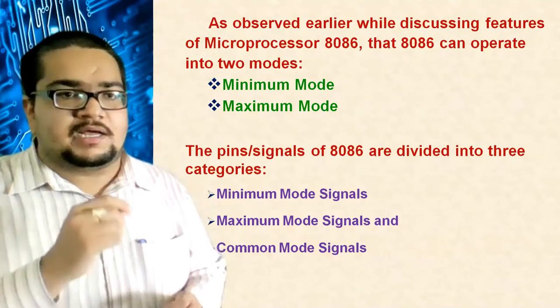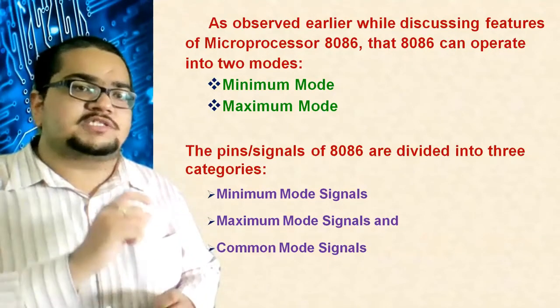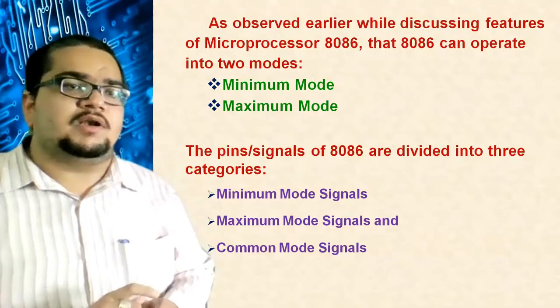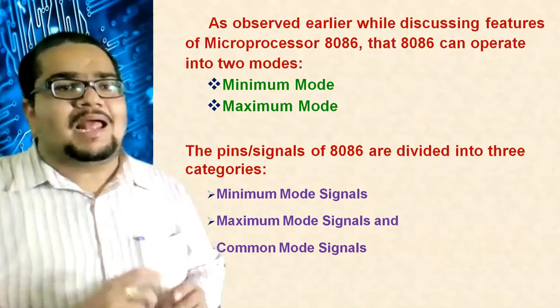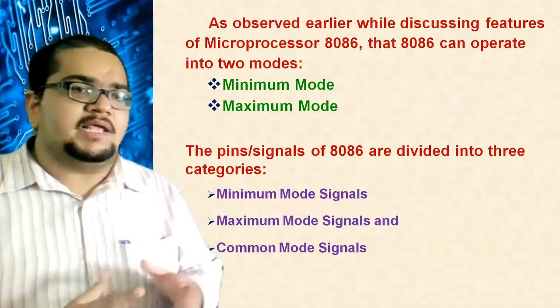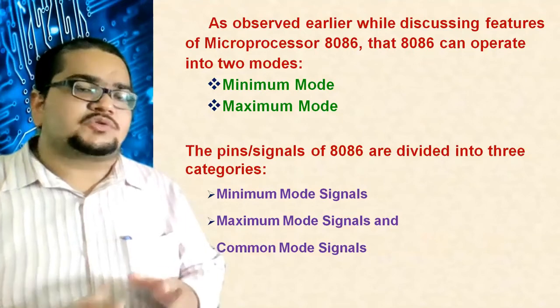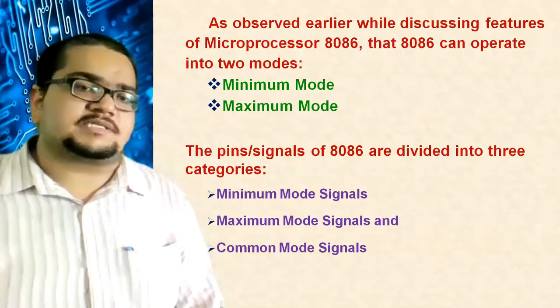So with respect to each mode, there are certain dedicated functions and signals of that mode. Minimum mode signals are for minimum mode operation, and maximum mode signals are for maximum mode operation. Some pins, some signals will be common between these 2 modes, and those are called common mode signals. So we will start our discussion today with the common mode signals.